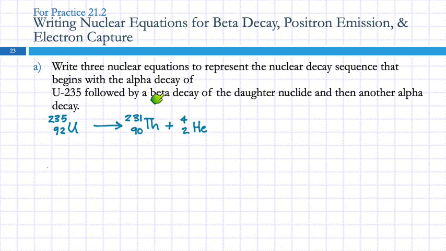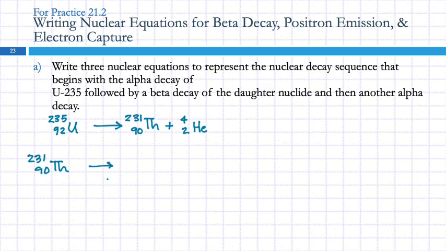And now we're looking at beta decay of the daughter. So this is the daughter. So now write another equation showing beta decay of thorium-231. Okay, so let's do the second one. We've got thorium-231. It's beta decay.